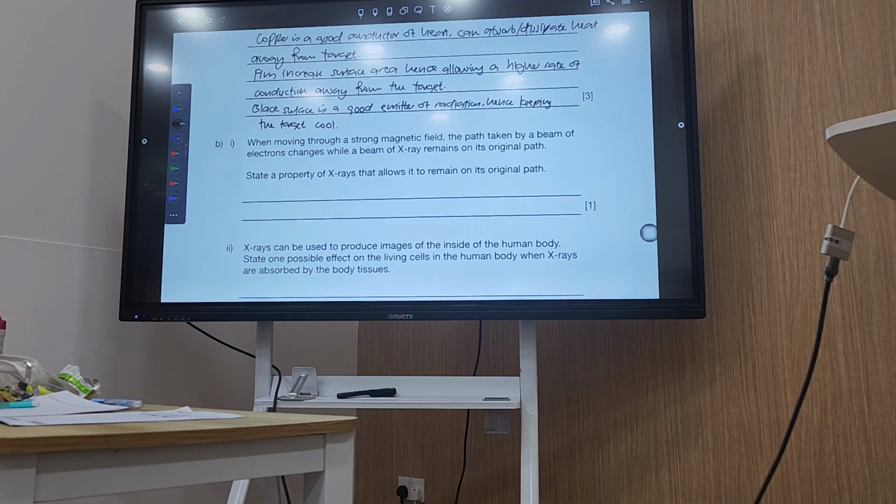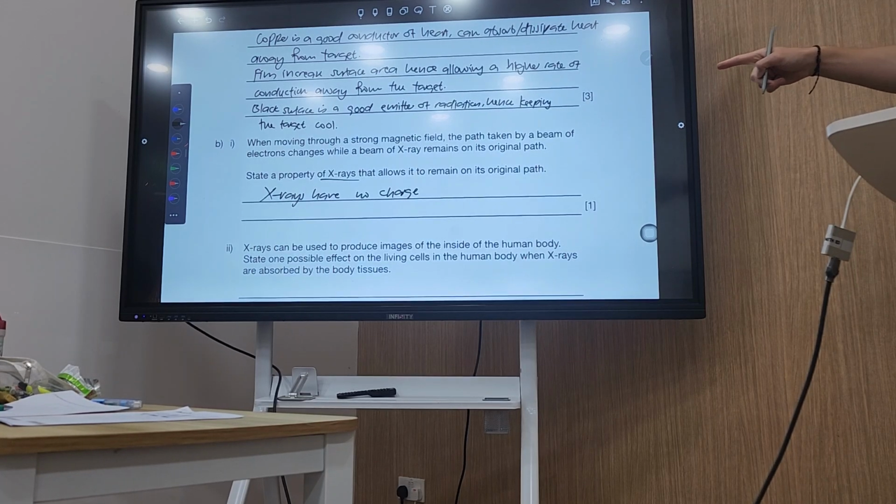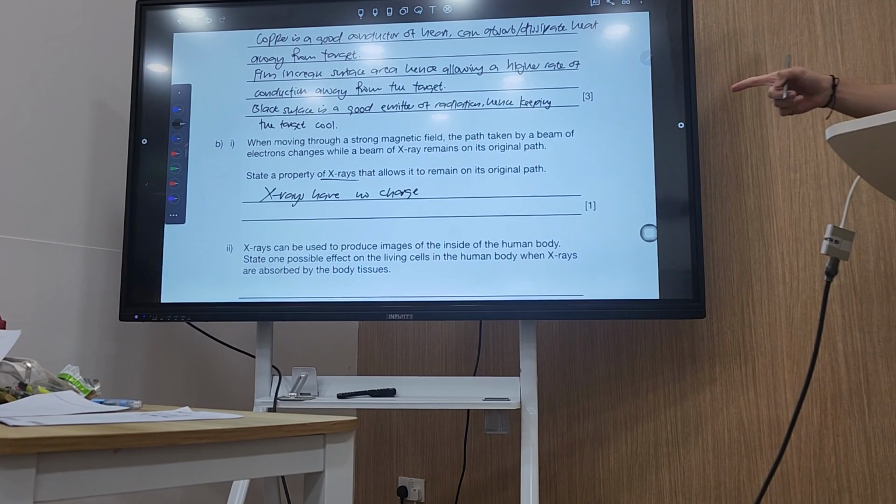So far, when we learn about deflections in a magnetic field, it's either you have a compass or you have a charged particle, right? Because then you use this. Now here it's not about a compass, which means we have to be talking about the fact that your X-rays have no charge. So Fleming's left-hand rule doesn't apply to it because there's no charge. That's why it doesn't deflect.